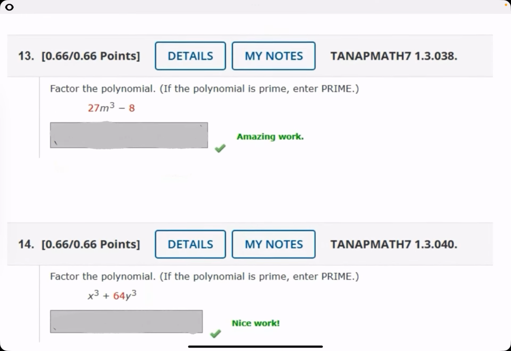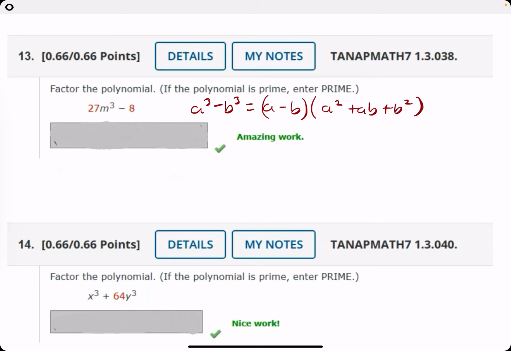Number 13. Oh, look at that. Difference of two cubes. A cubed minus b cubed equals a minus b times a squared plus ab plus b squared. In this case, a would be the cube root of that, so that would be 3m. Cube root of 8 is 2, so 3m minus 2 to start.